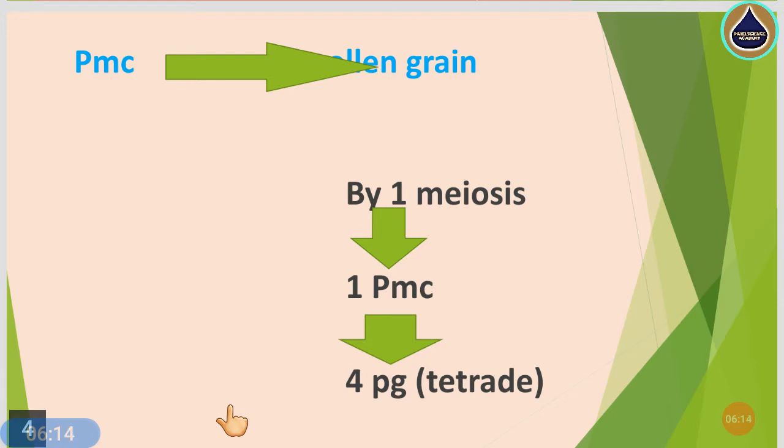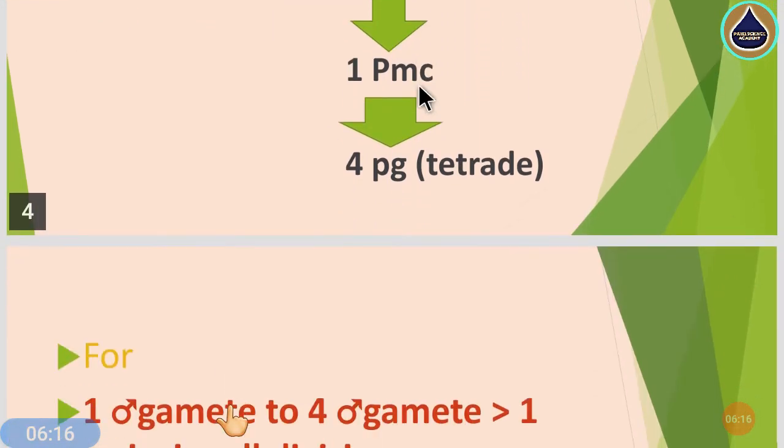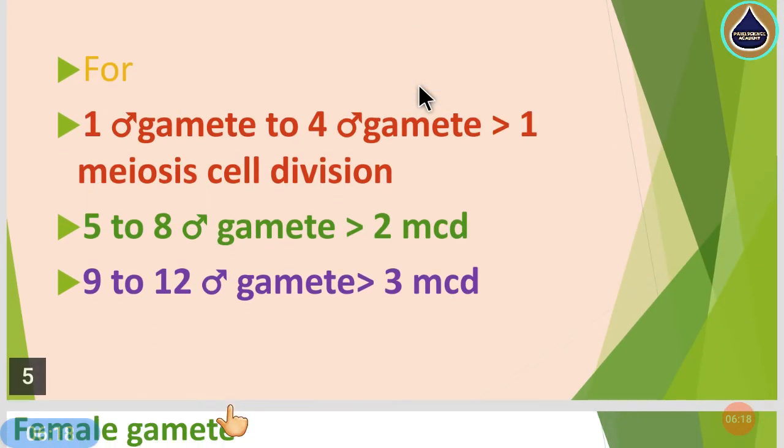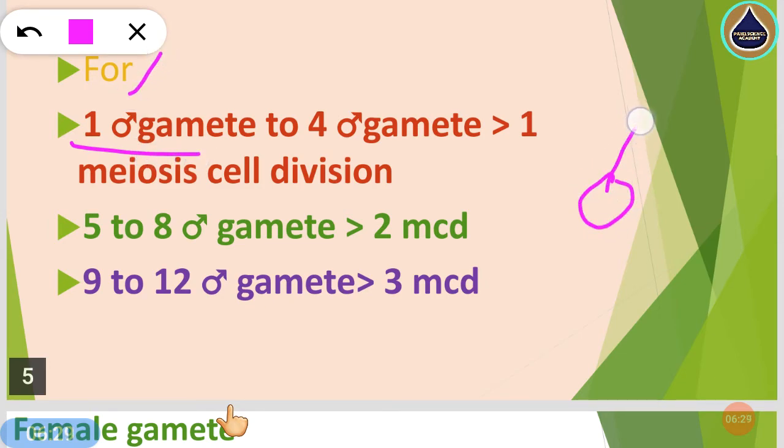So it is now clear that this is the sign of maleness, male is indicated by this sign in the science faculty. So for 1 to 4 cells, 4 male gametes, only one cell division is needed.